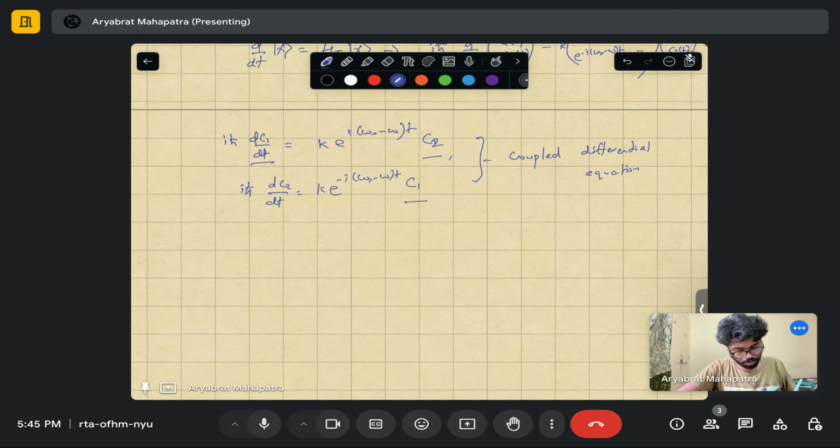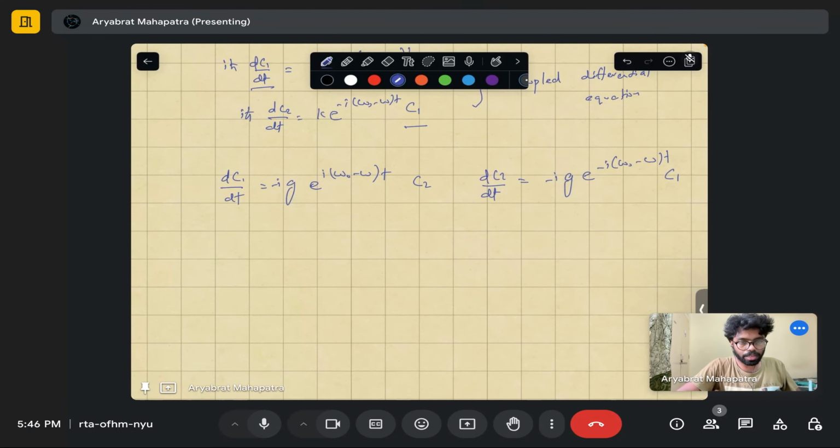For now, let me just write dc1 by dt as something like z, where z is k by i h bar, times i omega naught minus omega, times c2. And dc2 by dt is k by h bar, minus i z minus i omega naught minus omega times t c1.